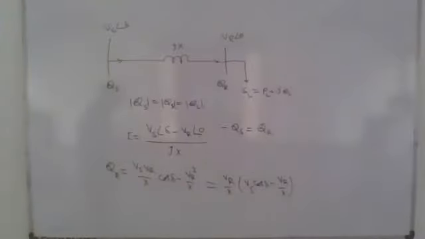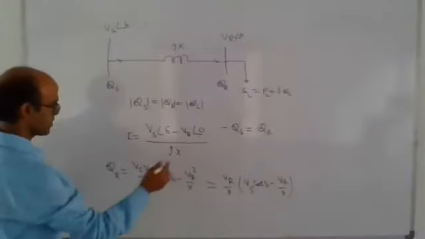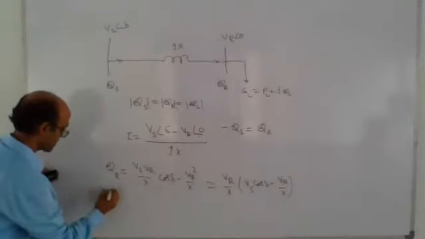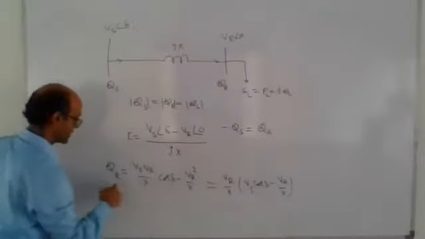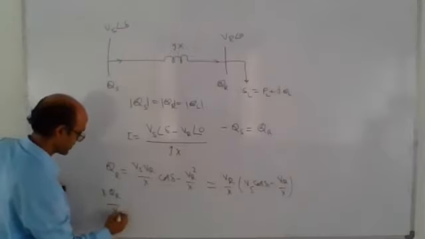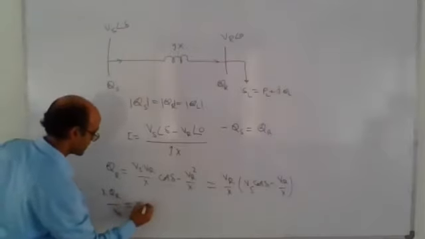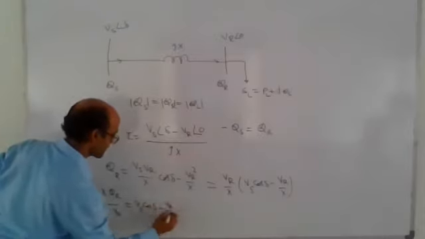We want to find VR. So X into QR divided by VR, taking this term to this side. So X into QR by VR equals VS cos delta minus VR by X.